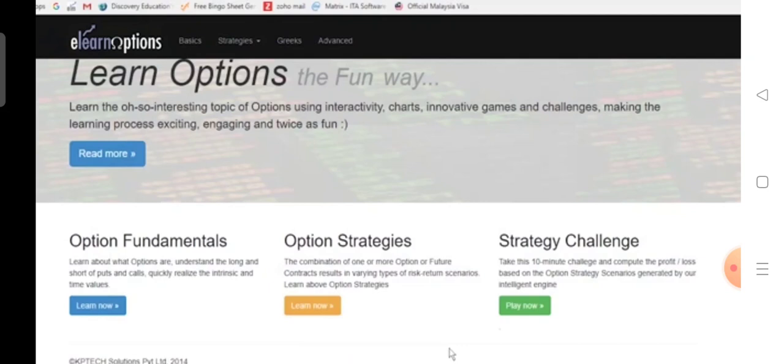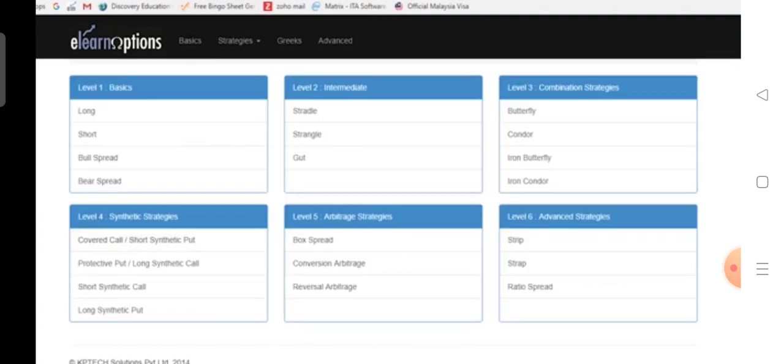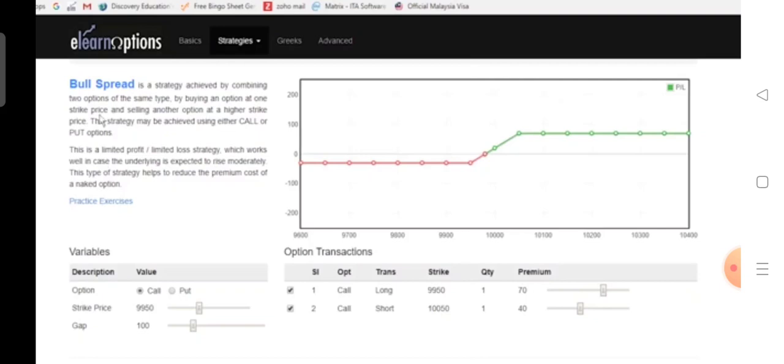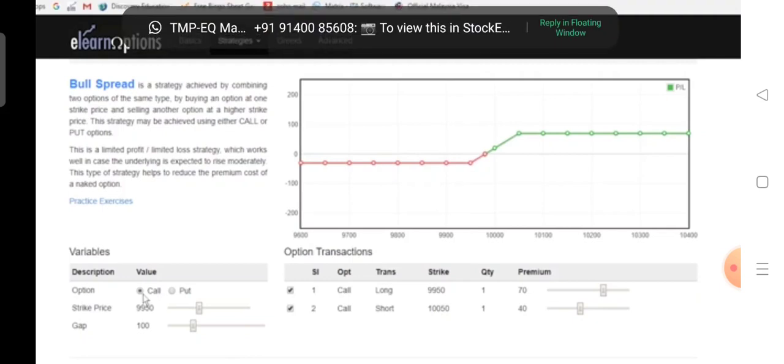We can also learn option strategies and payoff diagrams with the help of a website, which is www.elearnoptions.com. If we go on the website and click on option strategies, we have these various strategies listed. Let's click on bull spread strategy. We can choose whether we want to do this particular strategy with calls or with puts.